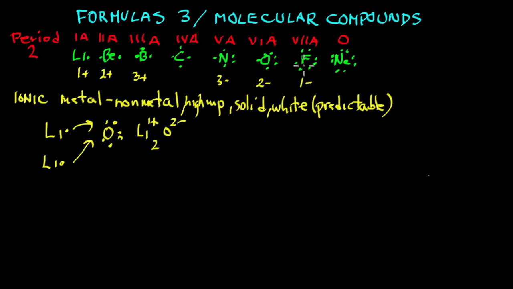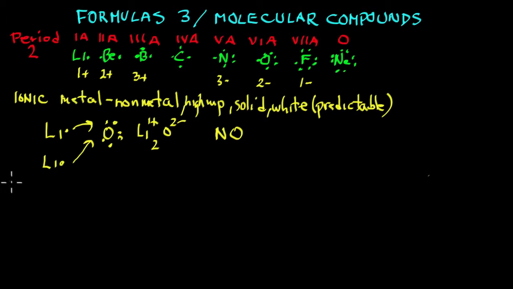But when you get over here with the nonmetals, you have a real problem. Nitrogen and oxygen combine in about 9 different ways, but none of them involve gaining or losing electrons. They're involved with sharing electrons, and they are not predictable.